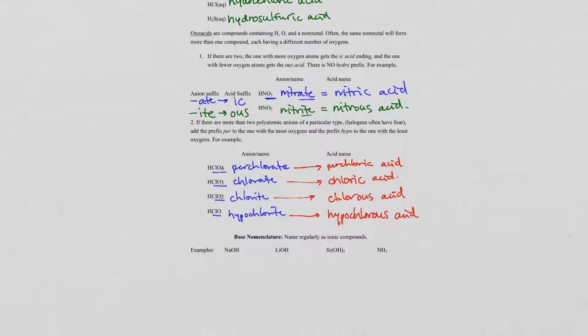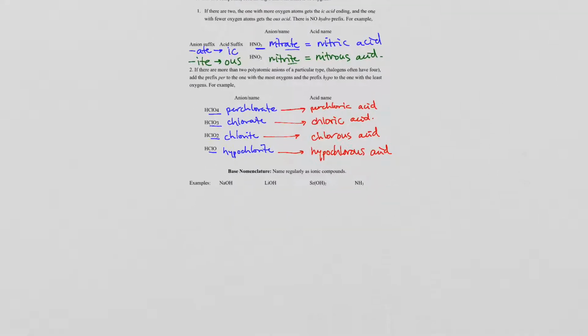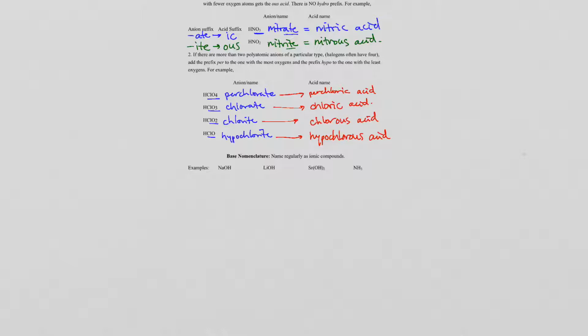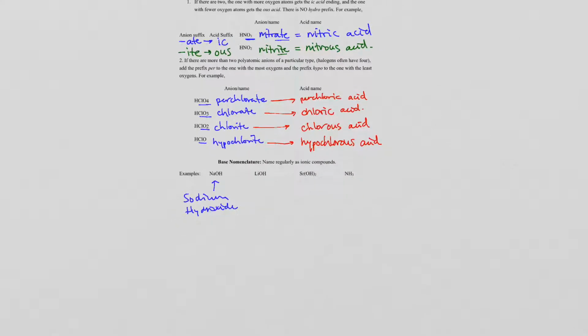That is inorganic acid nomenclature, and base nomenclature is actually much easier because you just name them regularly as ionic compounds and call it a day. So we're just going to go quick and do these. This one right here, sodium hydroxide, everyone's favorite.